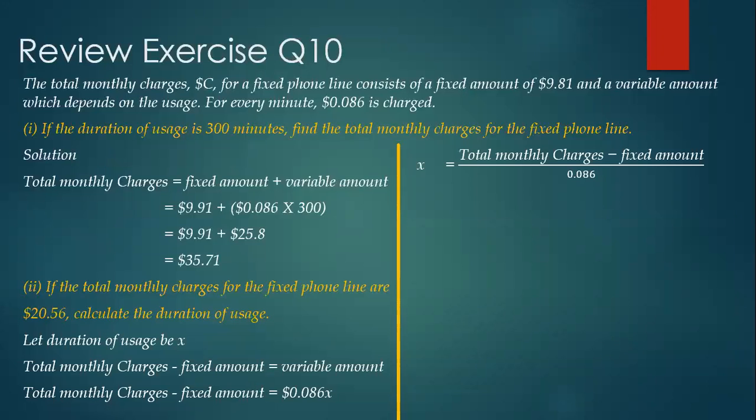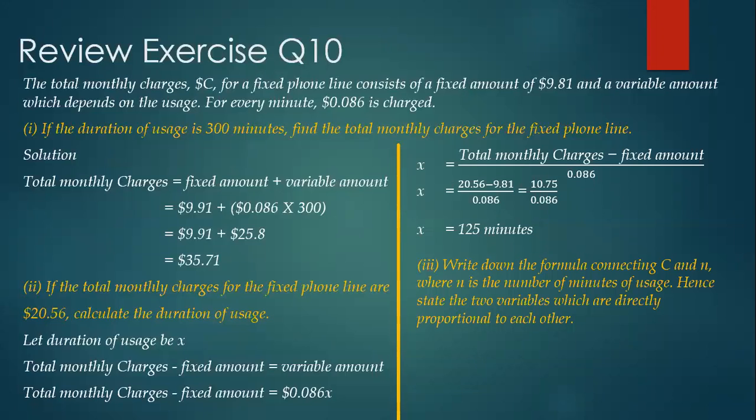So we are going to get what? Total monthly charges is 20.56 minus the fixed charges 9.81 divided by the per unit charge. So we are going to get 125 minutes as the answer.